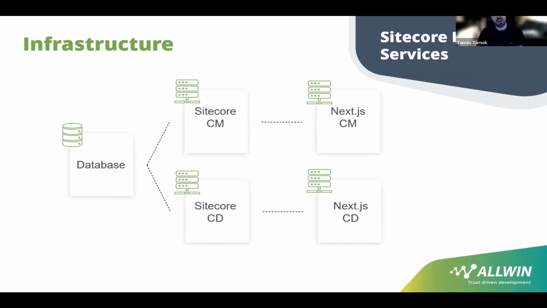So this is, I think, a generic infrastructure when you're building a Sitecore headless project with Next.js. Of course we have one database server, and we have a Sitecore CM most of the time, and a separate CD server. And of course we have some other roles, but this is not really important now. And for each role, we actually have the same replication of the Next.js application.